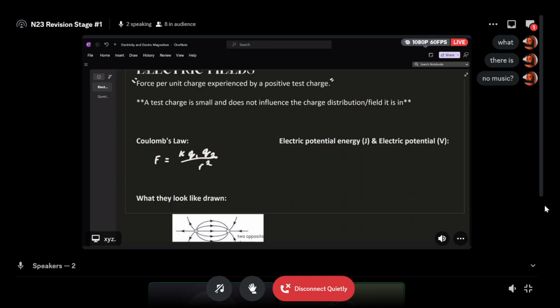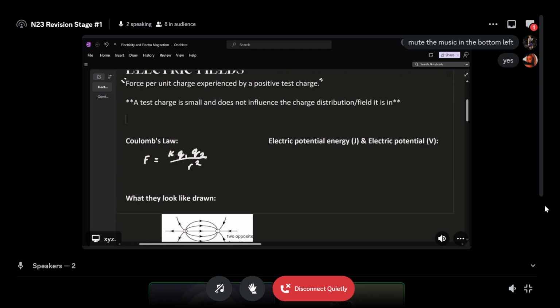This is very basic stuff. You can immediately see that there are parallels between Newton's law of gravitation and Coulomb's law. That's essentially because gravitational fields and electric fields are quite similar and behave quite similarly. We'll go into that a bit more later.